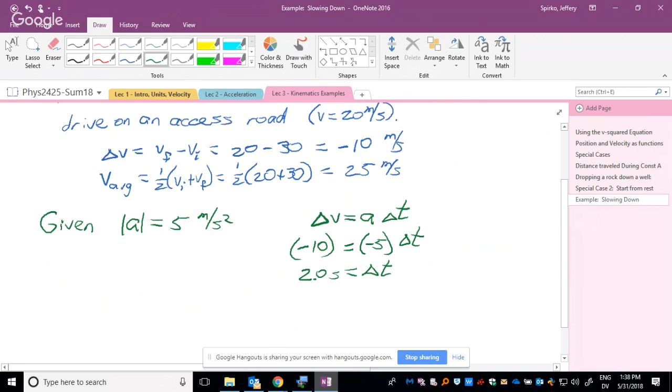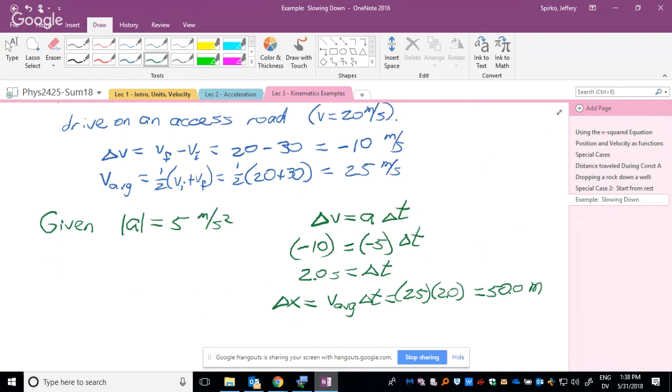And then you can say delta X is equal to V average delta T, which is 25 times 2.0, is equal to 50.0 meters. So if you know everything about the velocities and then you know the acceleration, then you can very easily find the time and the displacement for that particular process.